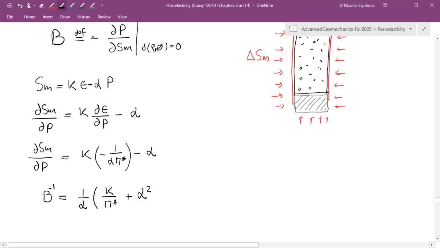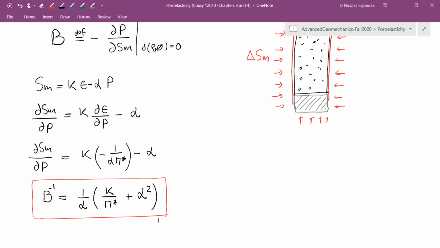Notice in the definition over here we have a negative sign, so that's why these have changed sign. This is the value of the Skempton parameter as a function of the other poroelastic parameters.